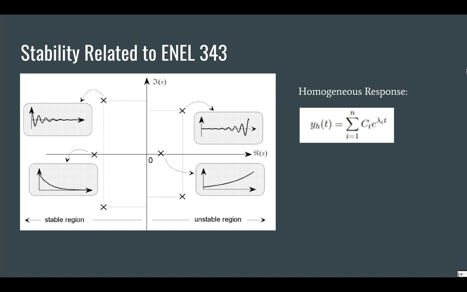In order for a linear system to be stable, all of its poles must have negative real parts. That is, they all must lie within the left half of the S-plane. A system having one or more poles lying on the imaginary axis of the S-plane has non-decaying oscillatory components in its homogeneous response and is defined to be marginally stable.